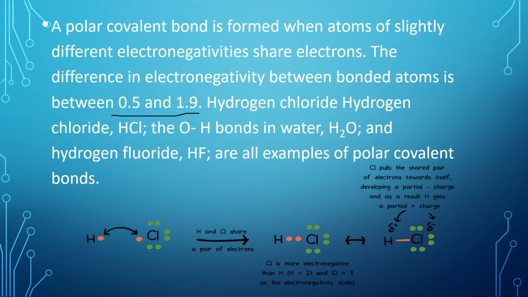As you can see, hydrogen is partially positive and chlorine is partially negative, and the arrow points to chlorine because chlorine has the most electronegativity; Cl pulls the shared electrons toward itself.